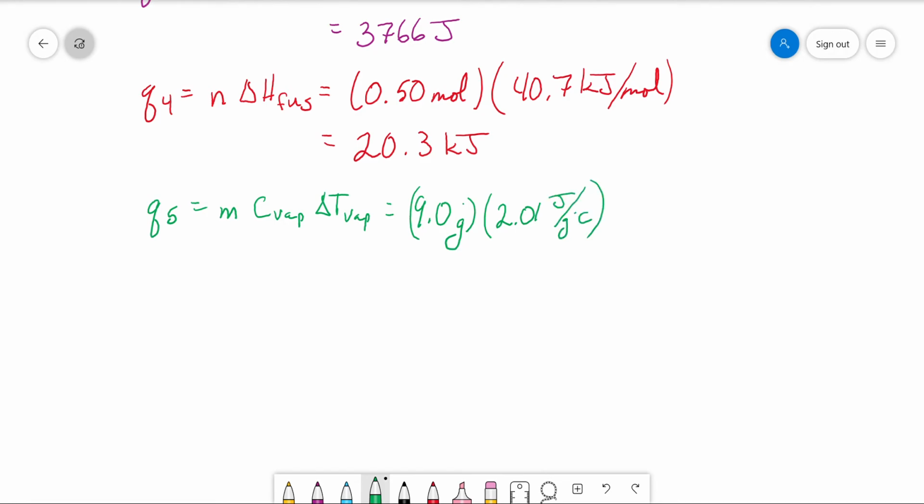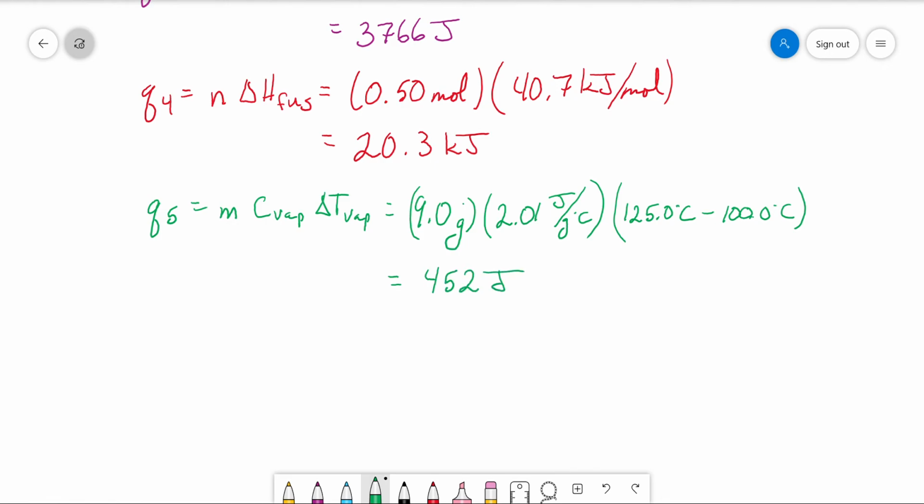You might ask where we get these C's when doing homework. You just look them up, go in the book, Google it. It's okay to Google a constant like that. Then we have 125.0 degrees Celsius minus 100.0 degrees Celsius, and that gives us a Q of 452 joules.